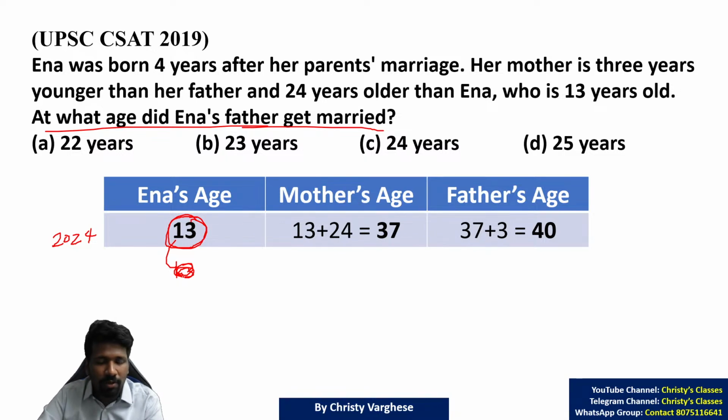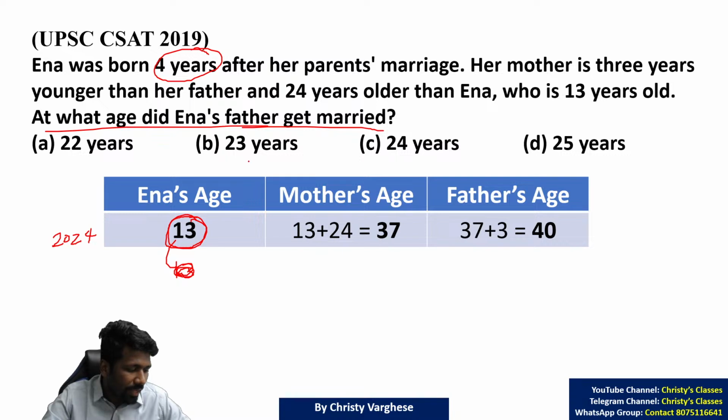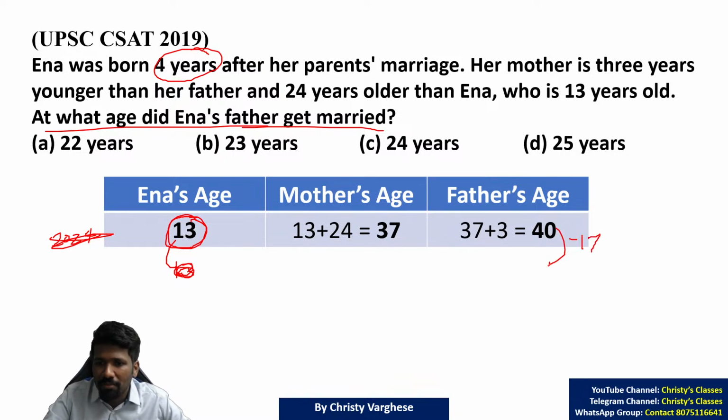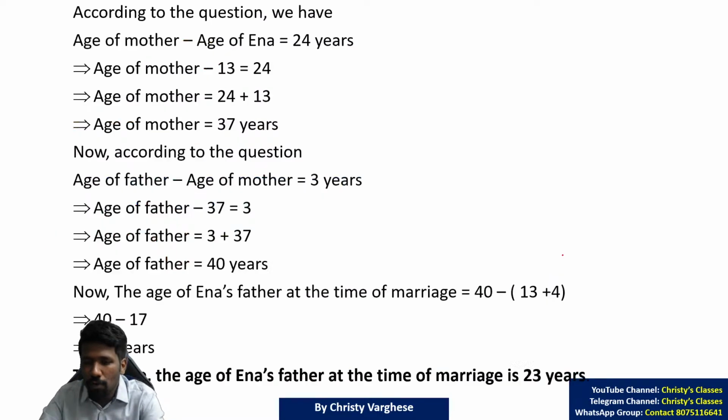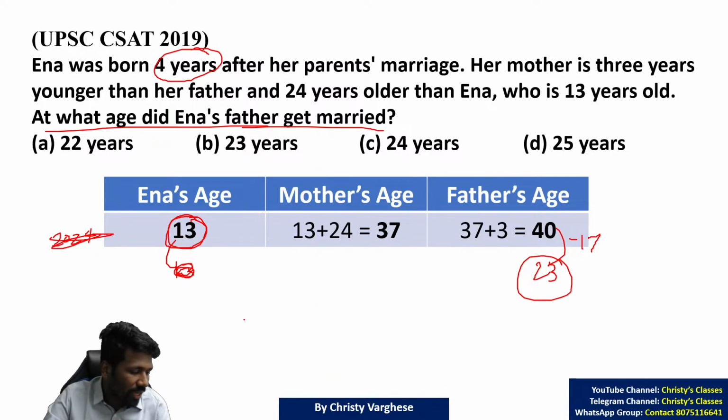Just to give you perspective, I am telling you with the current year. But 4 years before Ina was born, her father and mother got married. That means 13 plus 4, 17 years before. So 40 minus 17 will be the answer, 23.